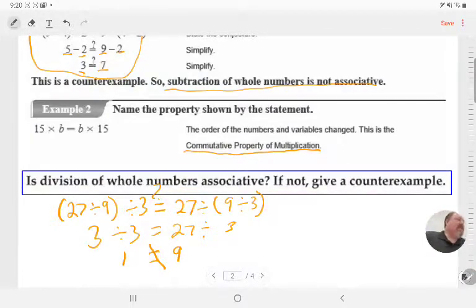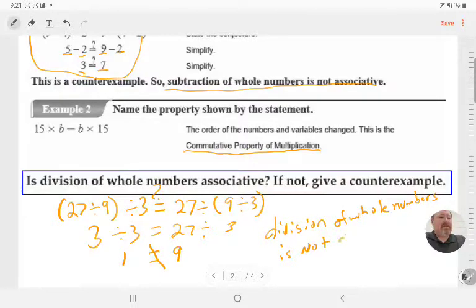So we could say that division of whole numbers is not associative.